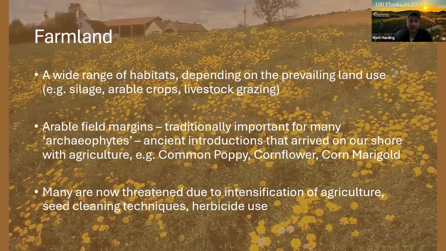And some of them are very familiar and much loved, like common poppy, cornflower, corn marigold. Many of these arable field margin species are now threatened because of the intensification of agriculture, improved seed cleaning techniques and herbicide use.